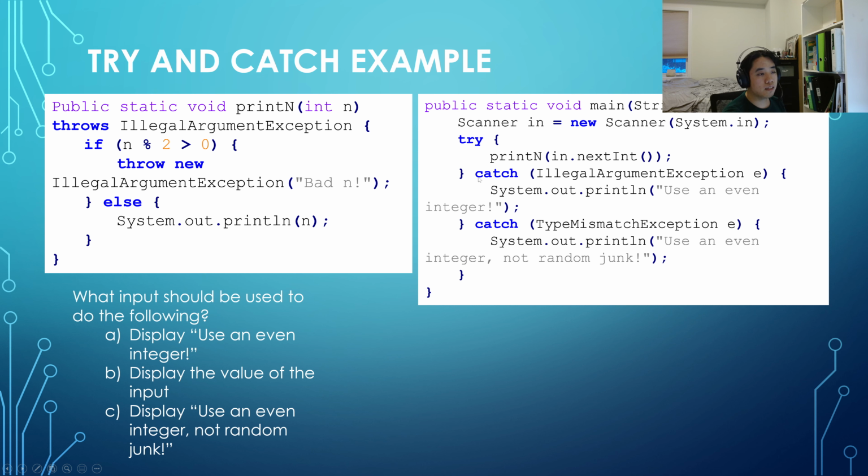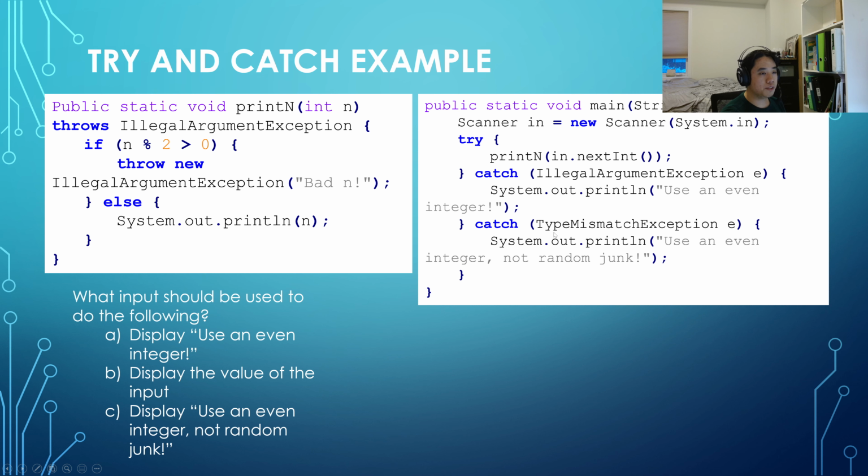Now, when I try to run this code, I also want to catch the IllegalArgumentException, which is being thrown by the printN method, and it only happens if there is not an even integer, which means when n is odd.